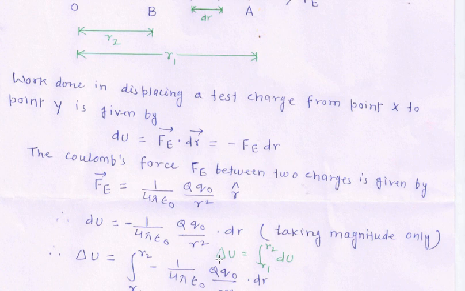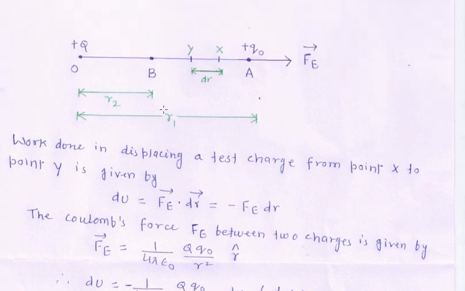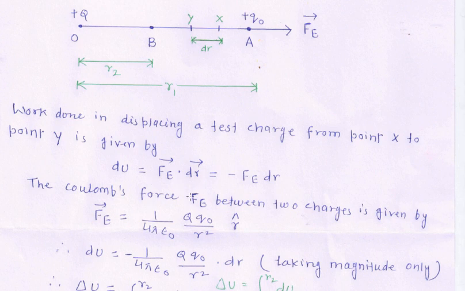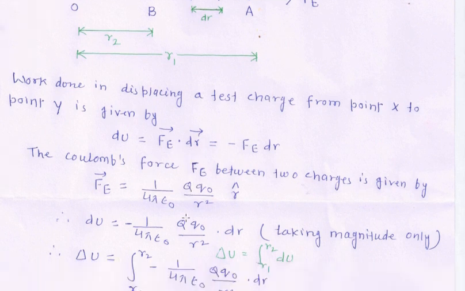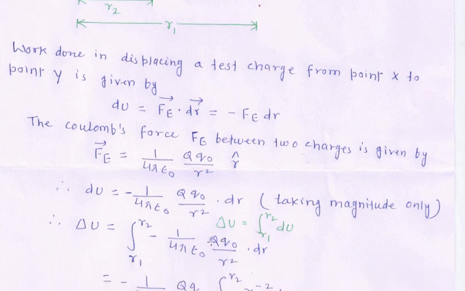Now our second step is to shift the charge from point A to point B. For this, we imagine the distance AB divided into small equal parts of dr. If we add all the dr contributions, we can find the total work done in shifting the test charge from A to B. One such work done is 1 upon 4 pi epsilon 0 Q Q0 upon R square dr. To find the entire work done, we have to add them all. For a continuous distribution, this addition converts into integration.